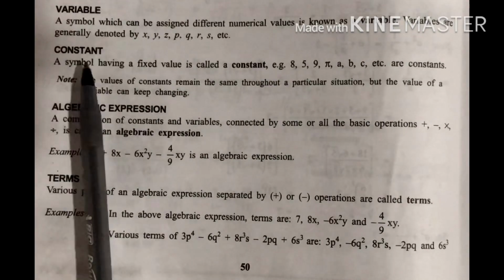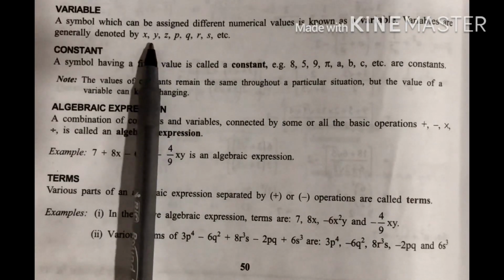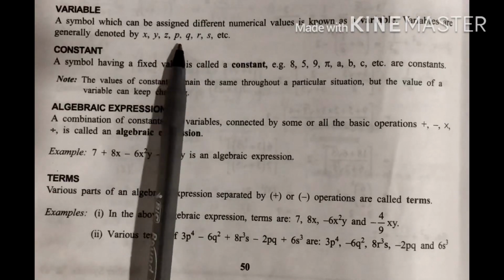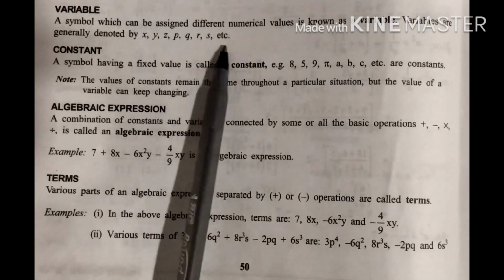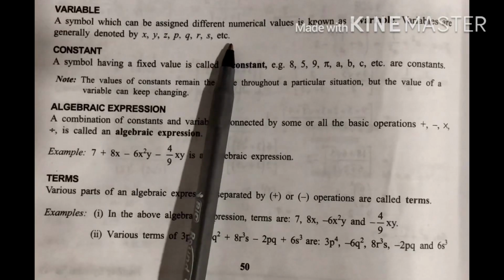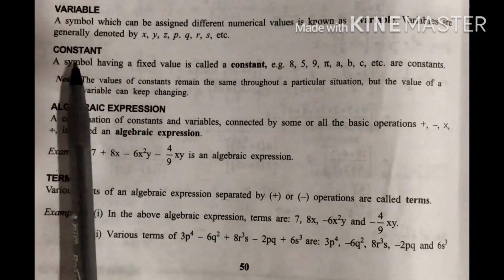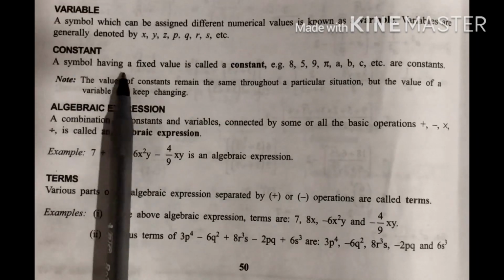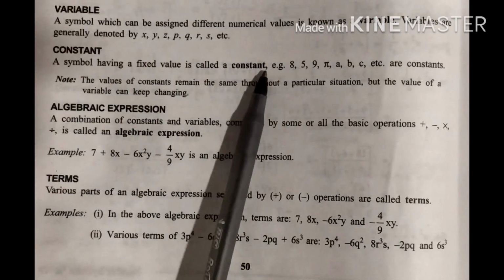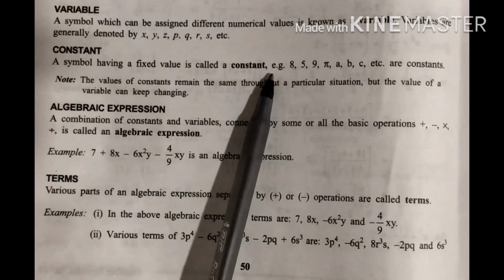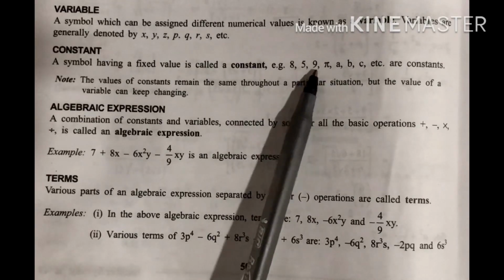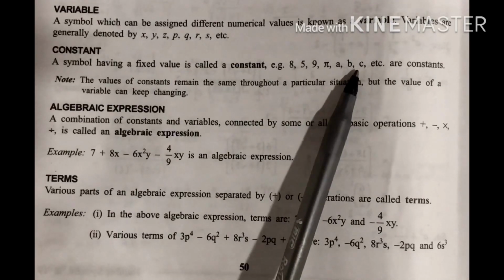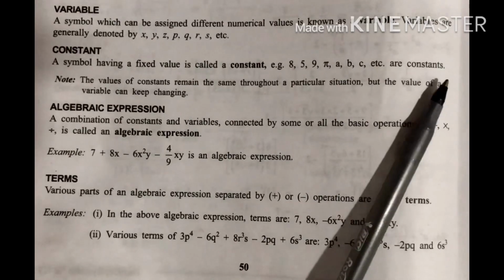Variables are generally denoted by x, y, z, p, q, r, s, etc. Constant: a symbol having a fixed value is called a constant. For example, 8, 5, 9, pi, a, b, c, etc. are constants.